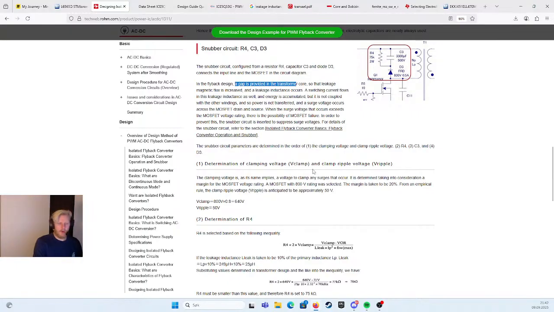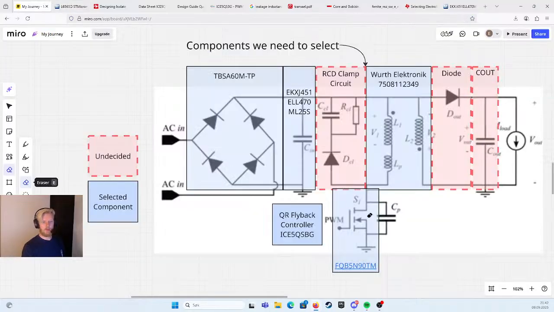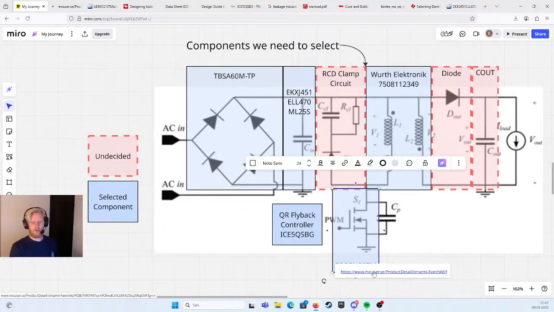So we need to determine a clamping voltage, V clamp, and clamp ripple voltage, V ripple. A voltage to clamp any surges that occur. Okay, so we selected a MOSFET with also 800 volts, I think. Can also look into that.